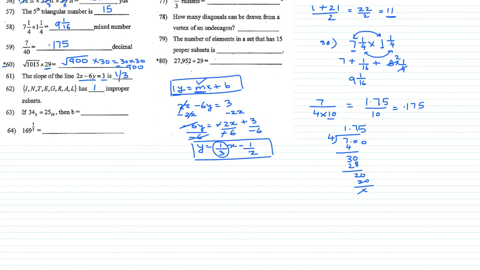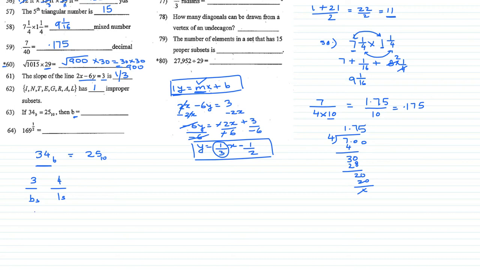Question 63. If 34 with base b is equal to 25 with base 10, then what is the value of base b? So 34 with base b is given to be equal to 25 base 10. So what this means is that the 1's value is 4, and then the b's value in this case is 3.